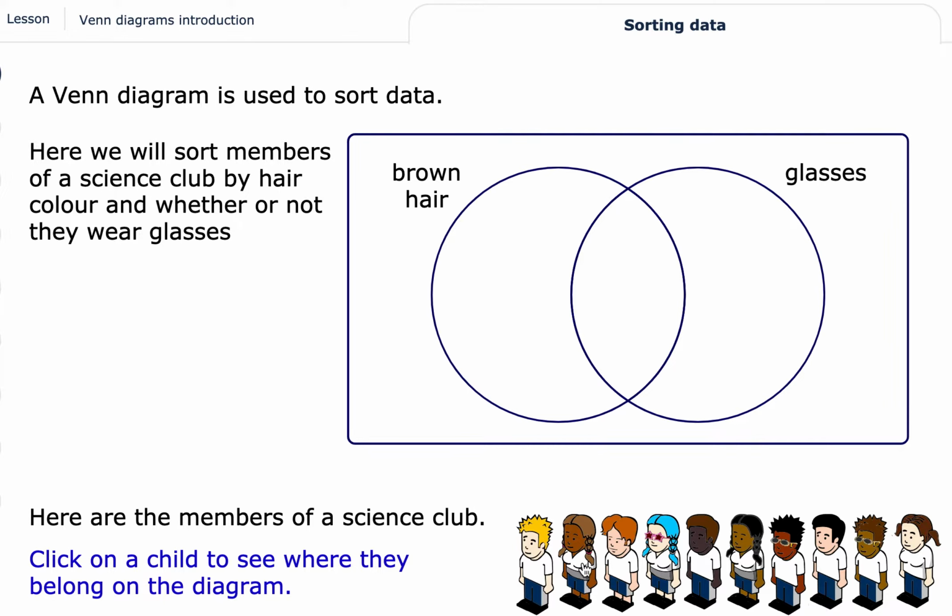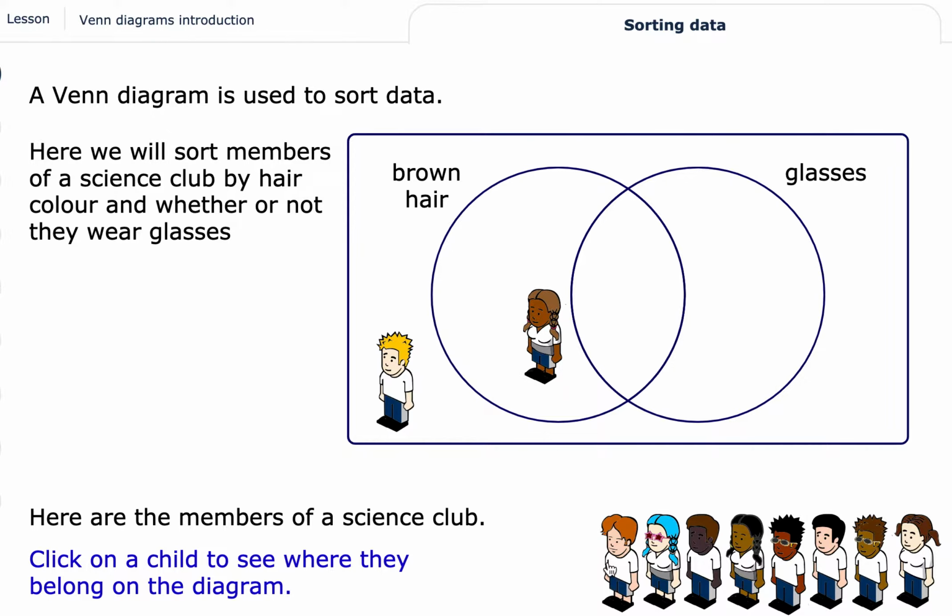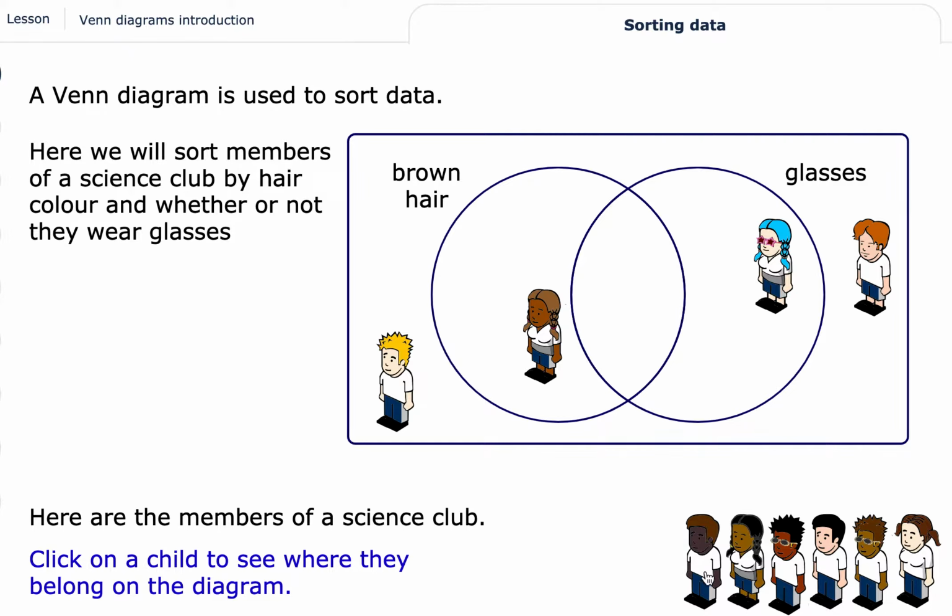We have science club members queuing down here by hair color, or whether or not they wear glasses. The first one: brown hair, not wearing glasses. This one, brown hair but not wearing glasses. Not brown hair and not wearing glasses. Yes, wearing glasses.